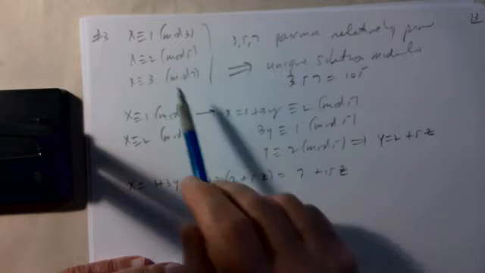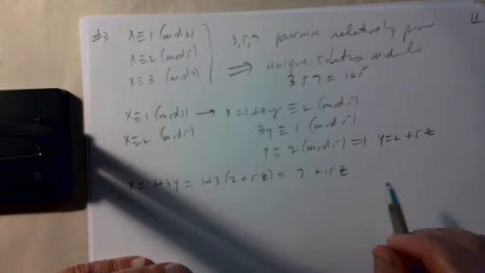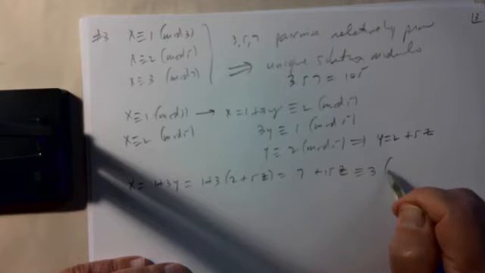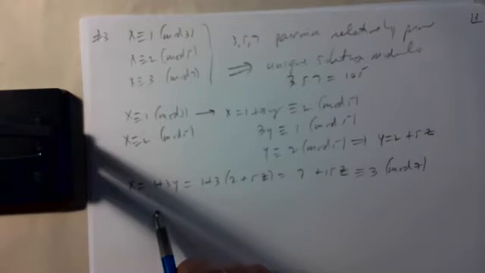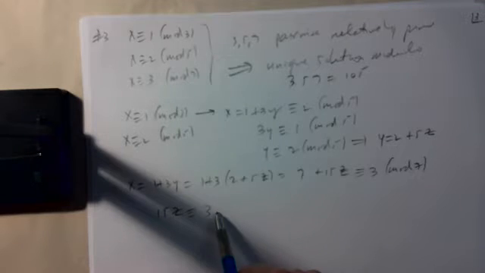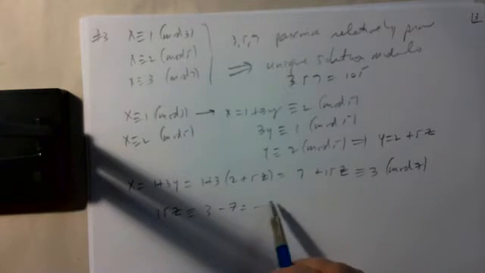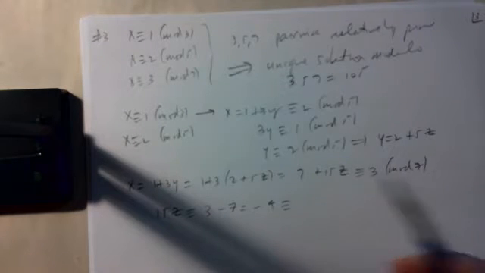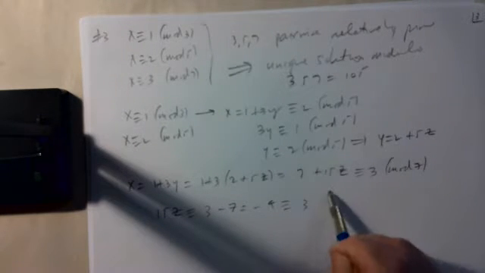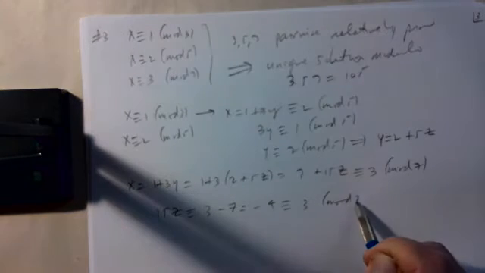And this number also has to be congruent to 3 mod 7. So that means 15z is congruent to 3 minus 7, which is minus 4, which is actually, just forget that, that's the same as 3 mod 7.